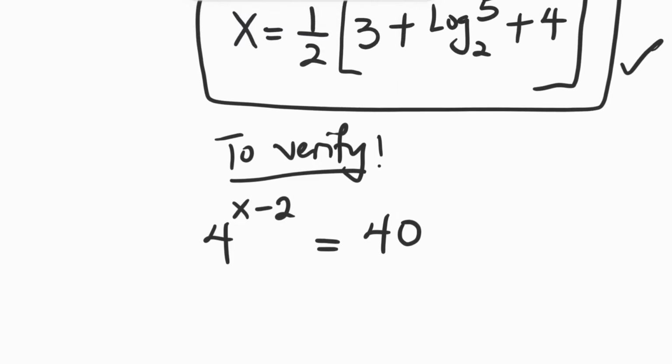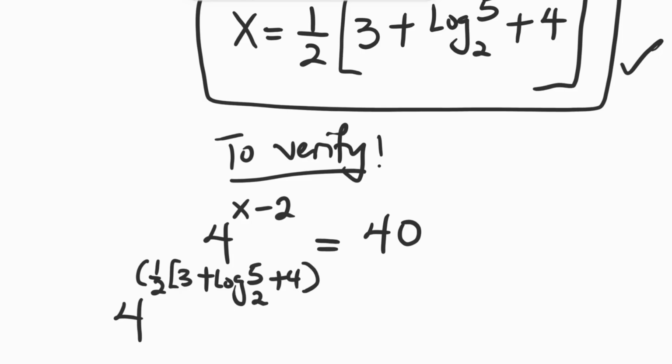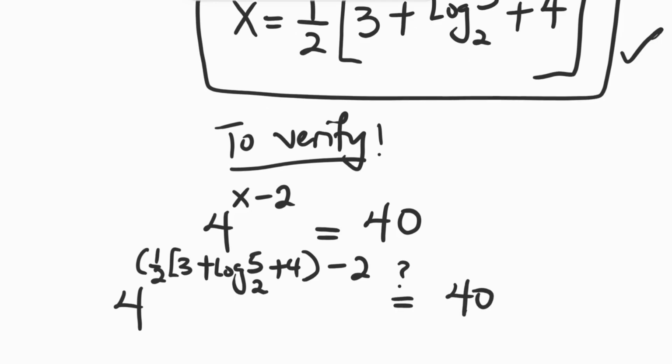So let us go ahead and do that. We have 4 raised to power half into 3 plus log of 5 base 2 plus 4 minus 2. And we're trying to see if this is going to be equal to 40.